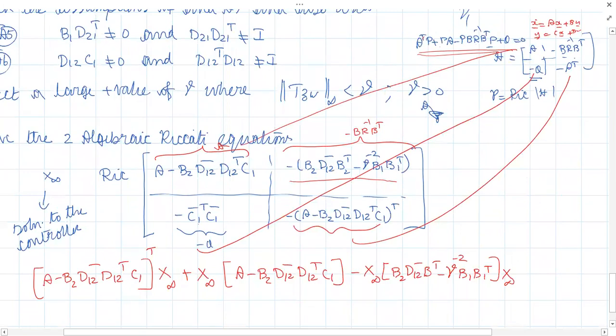Q is my C1 bar transpose C1 bar, equal to 0. What will be the order of this zero matrix?